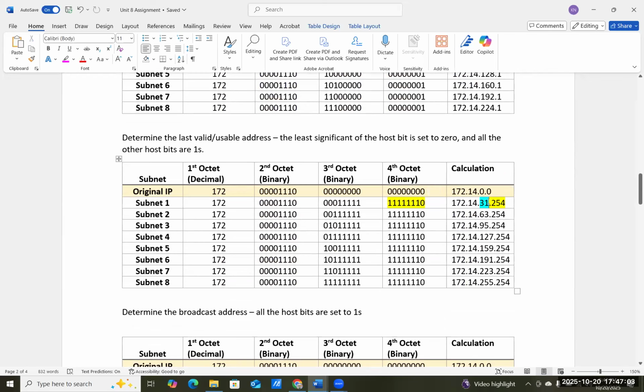That's subnet 1. And then 32 to 63, that's subnet 2, because it can't go to 64. 64 is part of the next subnet. And then 64 to 95. So it's one less for each range.